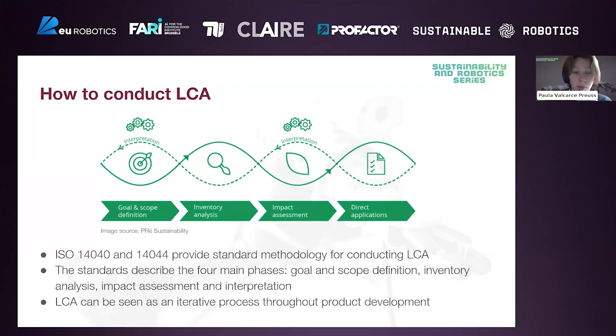And in this phase, you can say, okay, which are the categories I'm going to be looking at? And then based on the results, you can interpret these, see maybe there's a specific material that's having a specifically bad impact on your product, or a specific life phase that should maybe be thought about in a different way. And this can then influence your product development, and then you can restart your cycle. So it's a process that can accompany the entire product development stage.